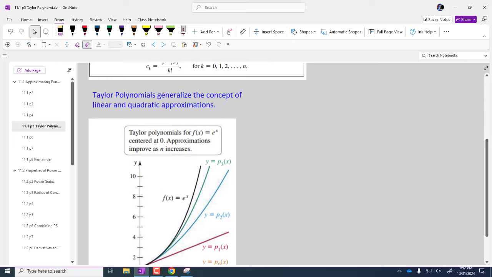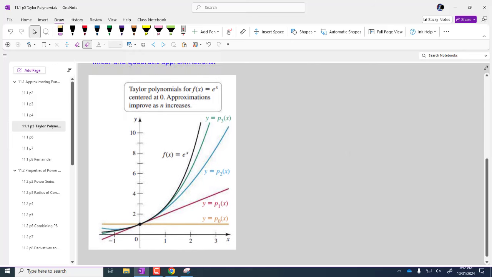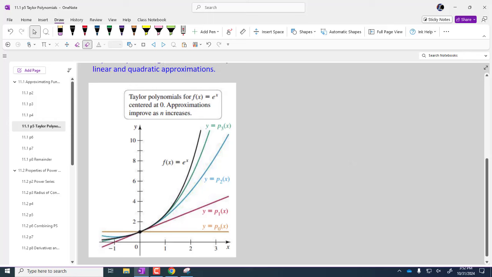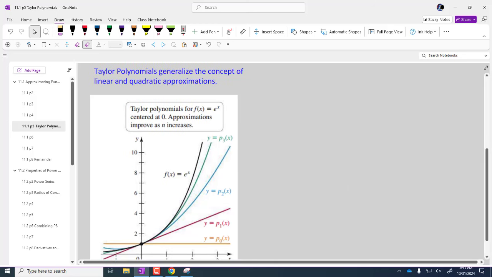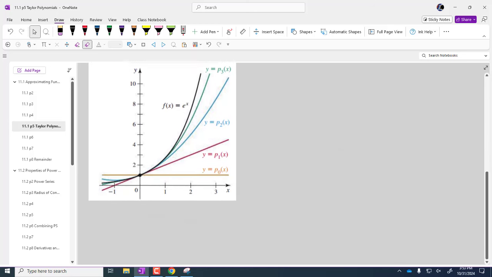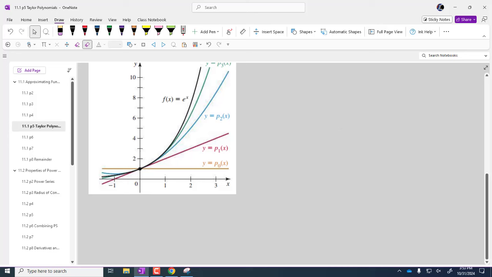So here is a picture of how these things work. So the Taylor polynomials are generalizing the concept of linear and quadratic approximations. So we have the best linear approximation, then we go to the best quadratic approximation, we go to the best cubic approximation, etc. And what happens visually is when you look at the function that you're approximating, that's the curve here, the exponential, p sub 1 is the tangent line, p sub 2 is the best quadratic, it looks a lot better, p sub 3 looks really good.